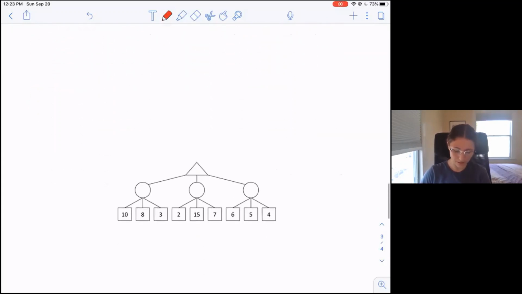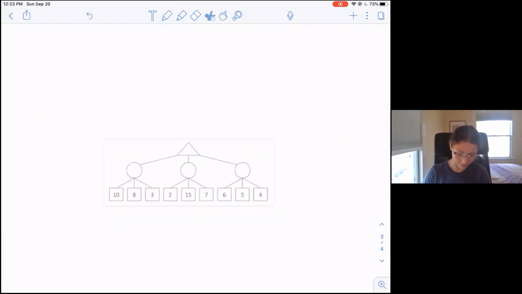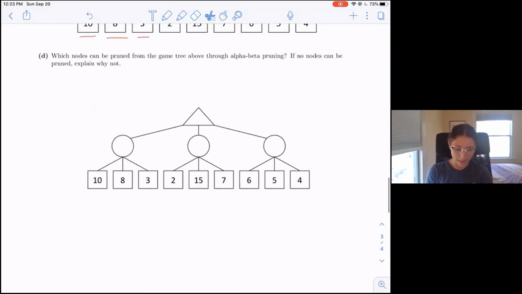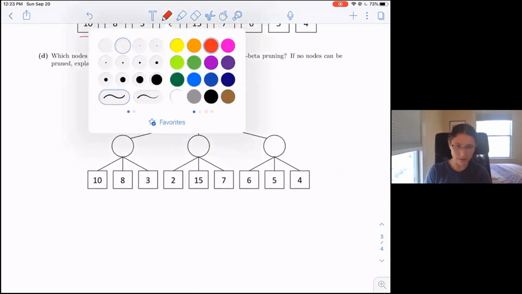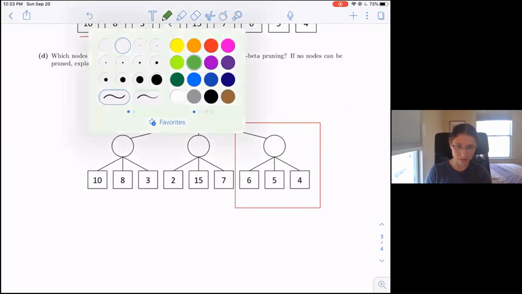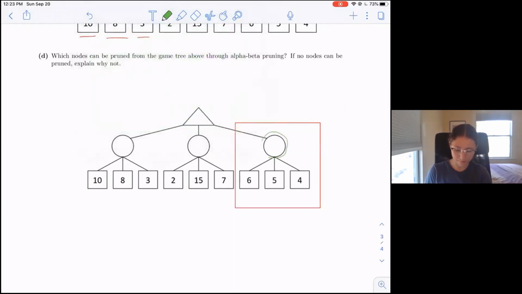So let's think about this. Let's take this copy here of our game tree. And let's just consider just this rightmost part of the tree. So here we have a chance node right here. And we have these three possible outcomes.